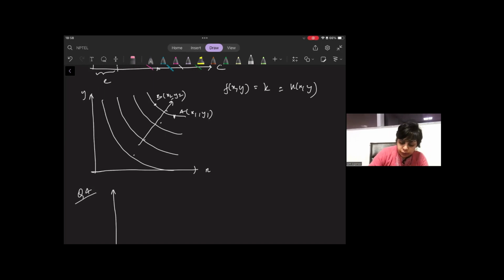For the moment, if you remove the X1, Y1, all we mean is that t times A plus (1 minus t) times B is some point on this line, and it belongs to your consumption set. Let's say it is S. That is what we meant by convexity.